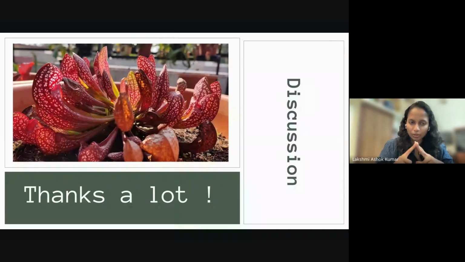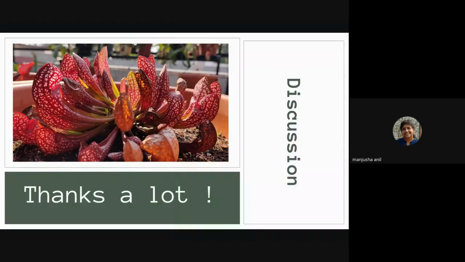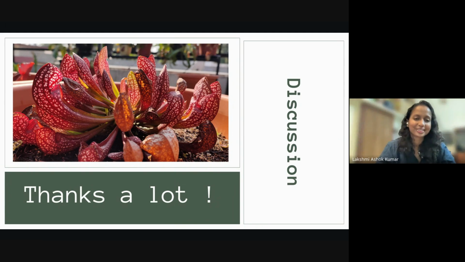Peltata is a tuberous one, slightly different from the other 2. And there are 20 plus species of Utricularias, and that's it. No other carnivorous plants in Kerala. Okay. Thank you. Very interesting.